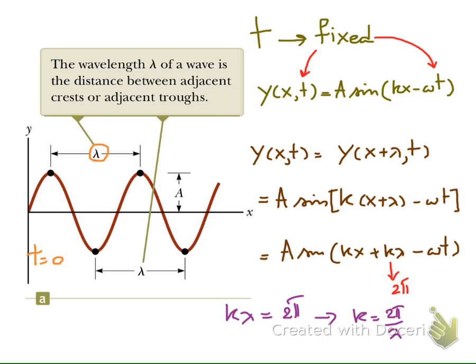So this is the physical meaning of the constant k. It is the reciprocal of lambda times 2 pi. We call k the wave number.